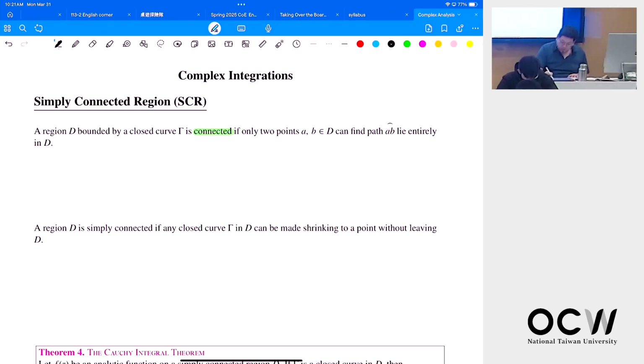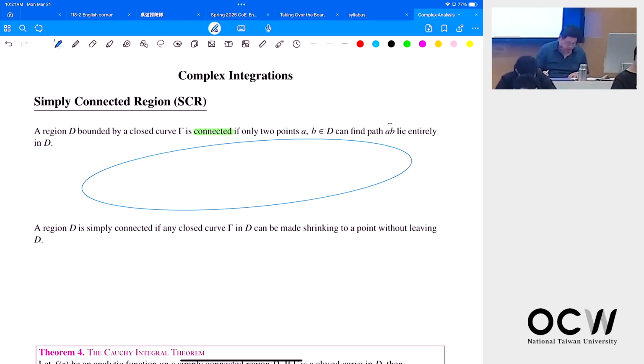We have a closed curve. Suppose here we have a closed curve, this is tau. And the region D is bounded by this closed curve. So suppose inside this closed curve, I have a region D. And then we say that D is connected if any 2 points can find a path.